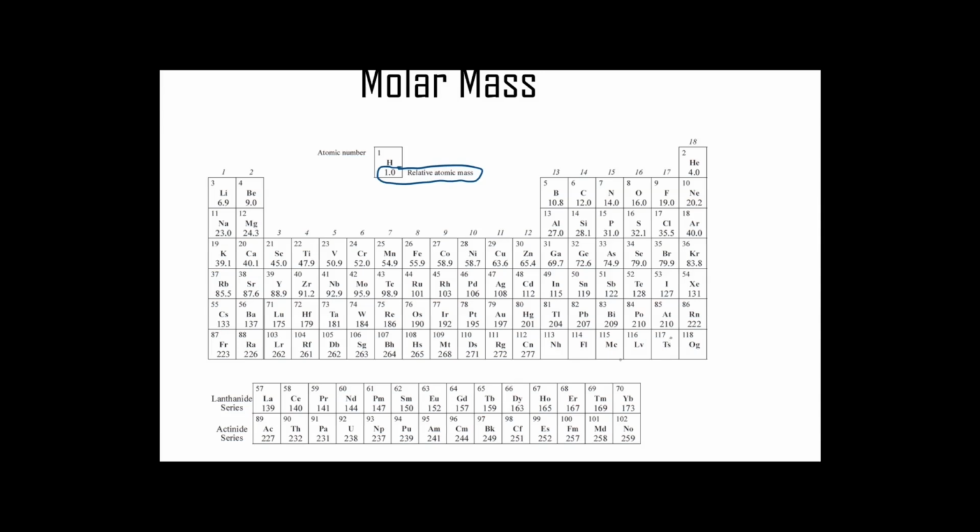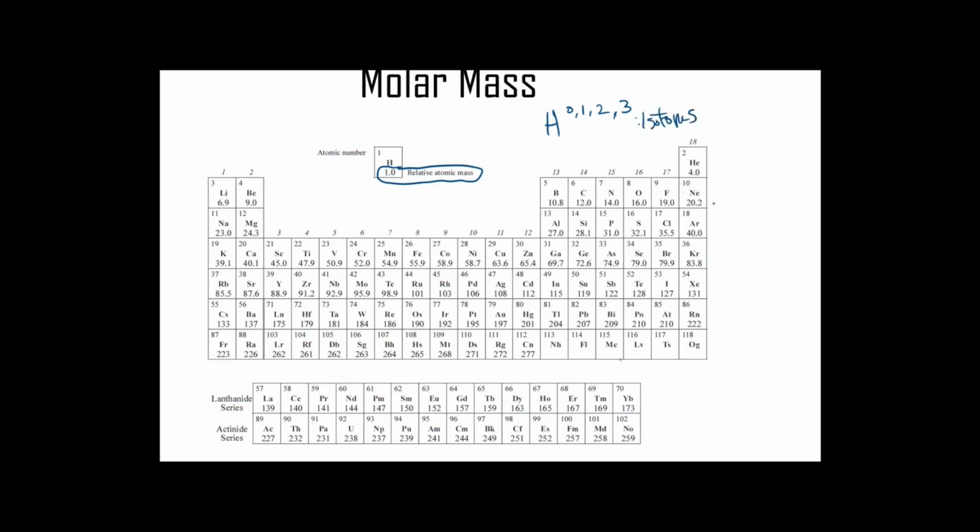The relative atomic mass takes into account that not all elements are in their standard isotope. So hydrogen, which of course has 1 proton, can have 0, 1, 2, I think even 3 neutrons. They're really, really unstable, but these are different isotopes.